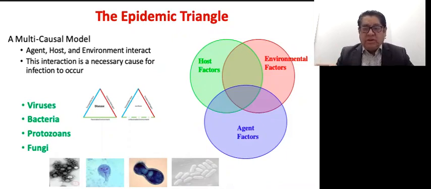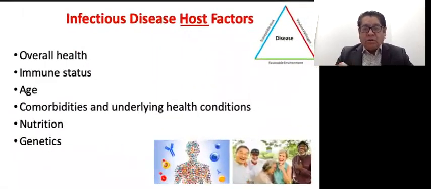The agent originally referred to an infectious microorganism or pathogen such as a virus, bacterium, parasite, or other microbe that causes disease. The host refers to the human who can get the disease. A variety of factors intrinsic to the host, sometimes called risk factors, can influence an individual's exposure, susceptibility, or response to a causative agent.